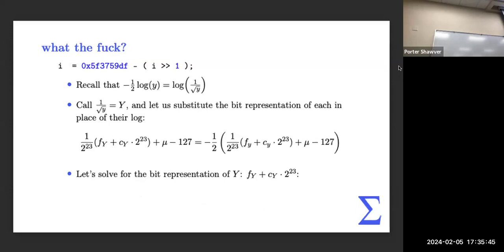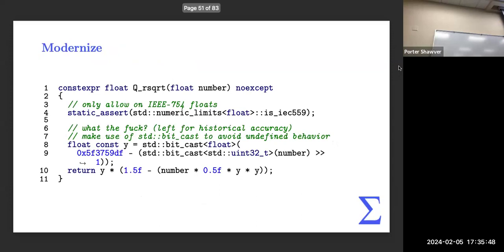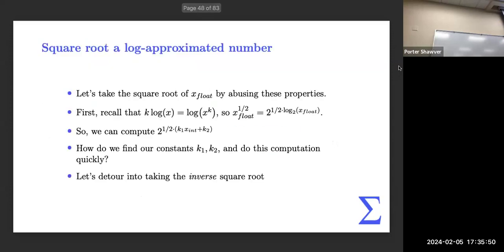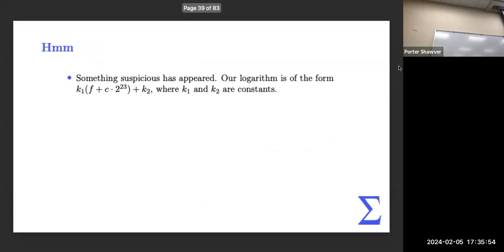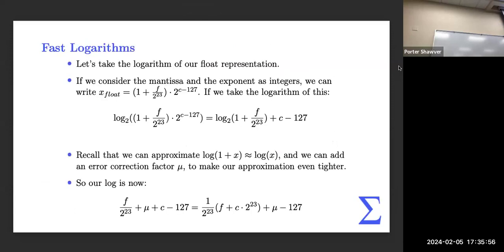And so just really derive the log. You have this expansion, this is the logarithm. If you just want to take the log, this is what you can do. Where f plus c times 2 to the 23 is that integer recasting.